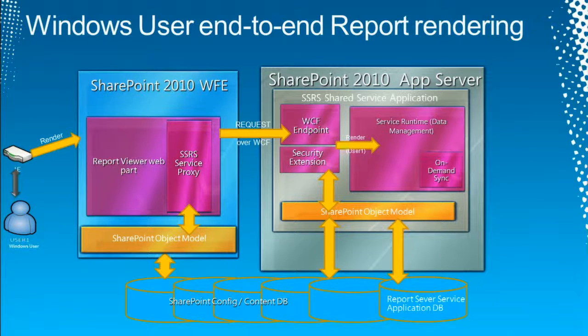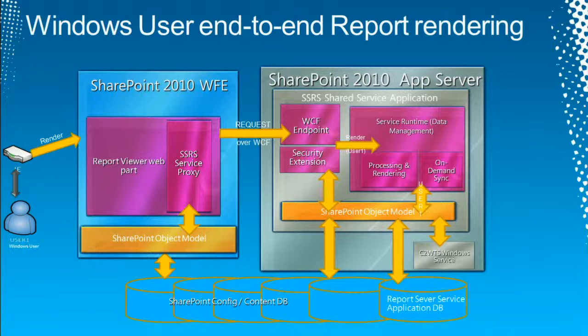And if the user has access, we create the context. We have an on-demand sync, which I've been talking about, and this essentially ensures that we have the latest version of our report in our own catalog. If we don't, we can get it over from SharePoint. And this RDL file is handed over to a processing and rendering engine, and this rendering engine now wants the data. In order to get the data, there is a new service that SharePoint uses in the claims environment. It's called the Claims to Windows Token Conversion Service.